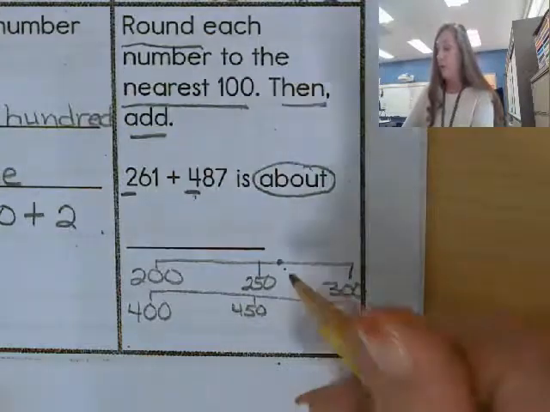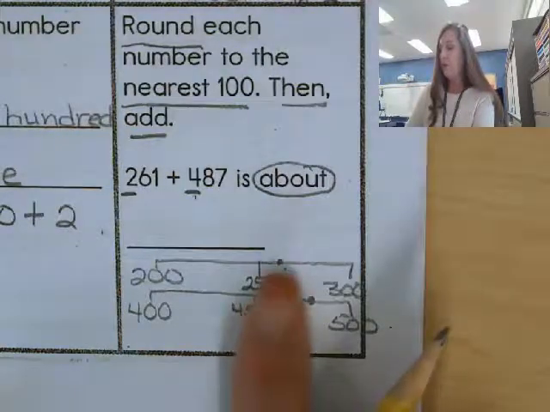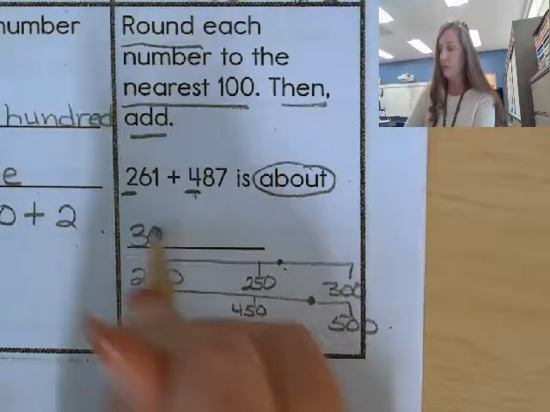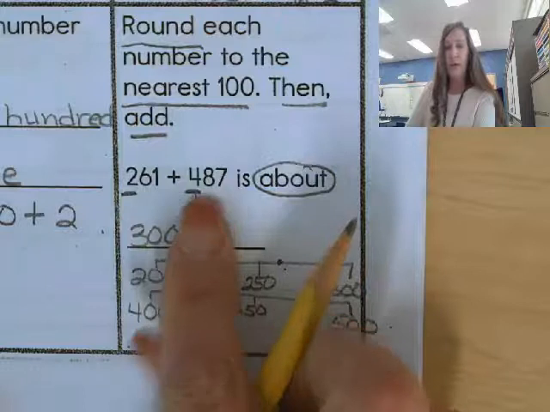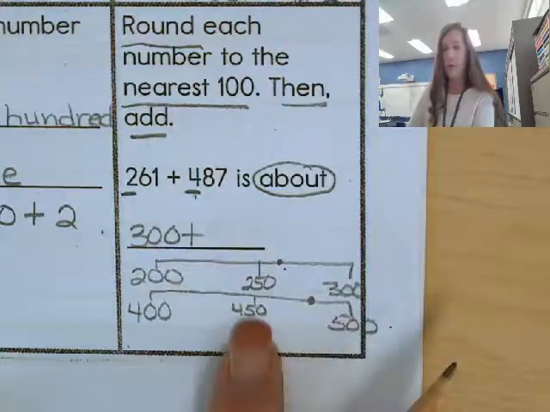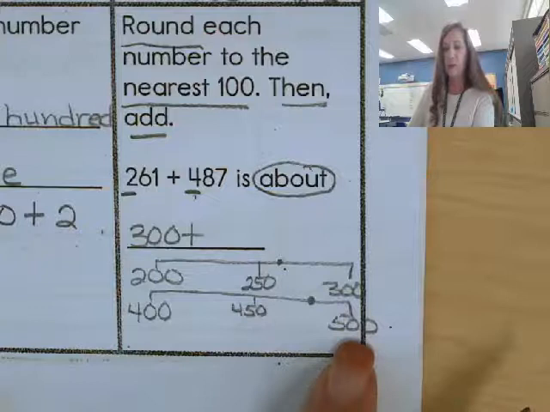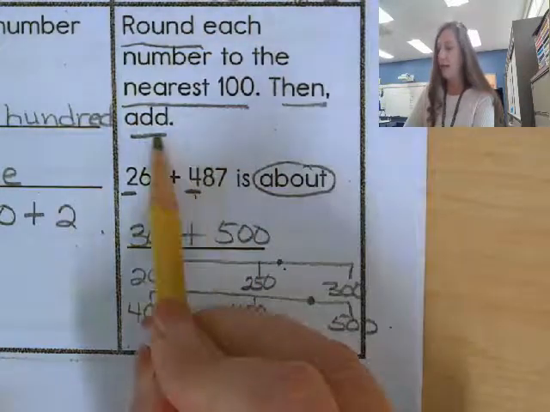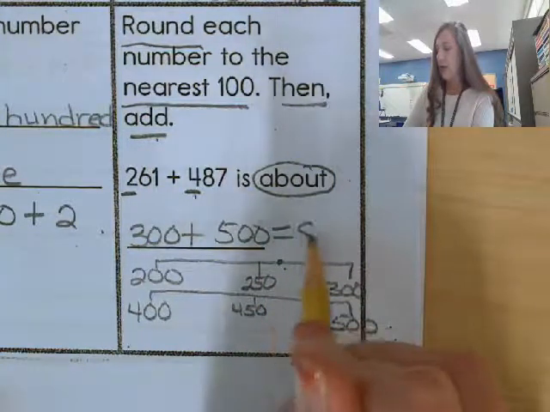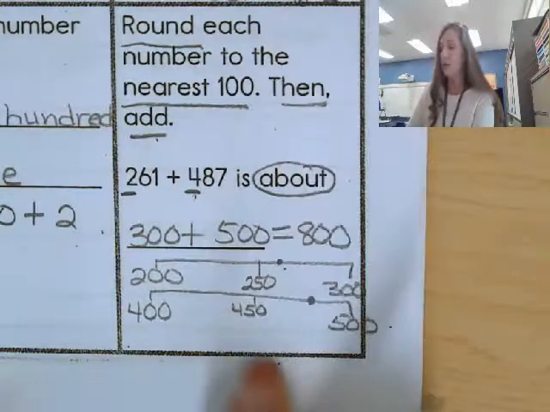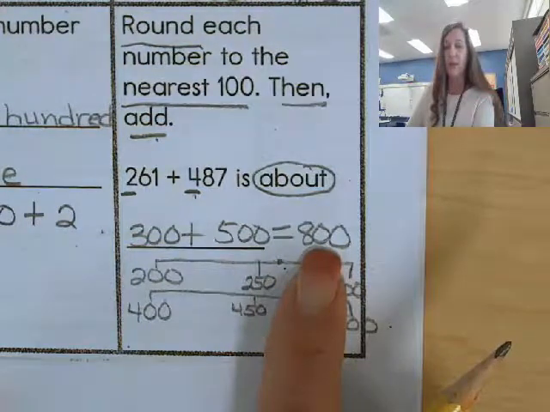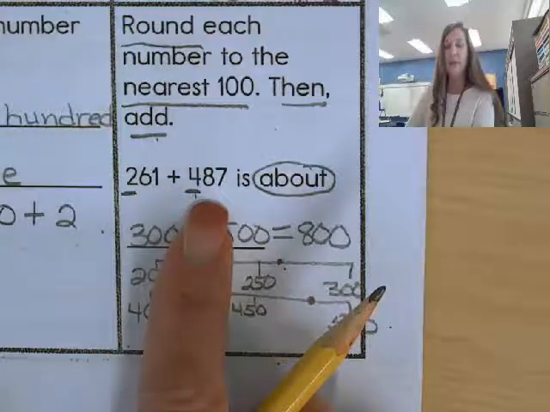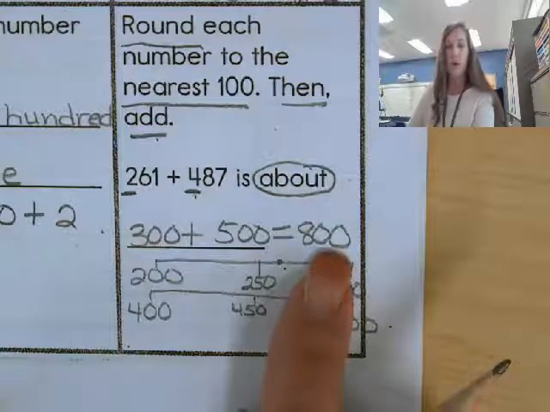So if you look at 250, 261 is going to round to the closest 100, which is 300. 487 is past the 450, so we know that it's going to be closer to 500. And then it says, then add. That's going to tell us that we add those two rounded amounts to equal 800. So if I were to add these, I would find that they are close to 800.